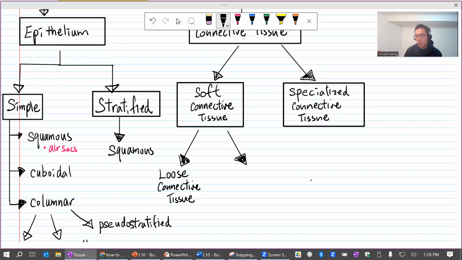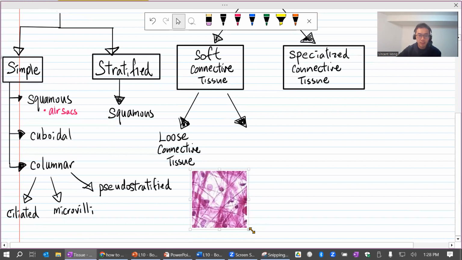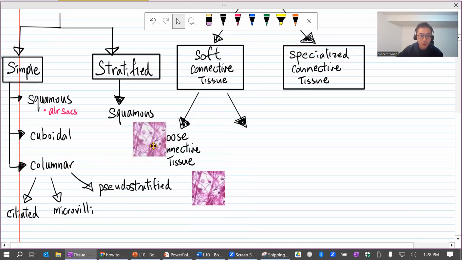They fill up space, the space between the organs. I'm just trying to help you out here. I can put a picture here if it helps. There, loose connective tissue, right there.